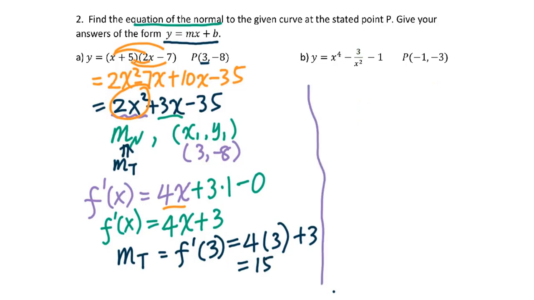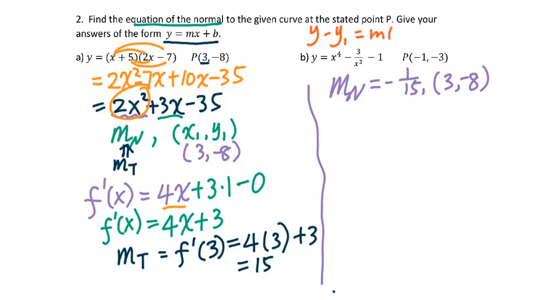Using the opposite reciprocal, you can get the slope of the normal line. That is negative 1 over 15. We know the x1, y1, that is 3, negative 8. Therefore, we're using this formula, y minus y1 equals m times x minus x1.